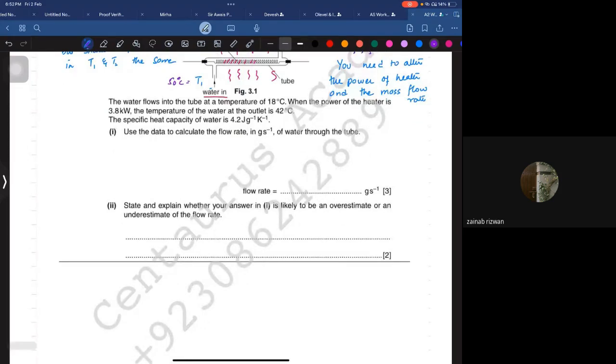What I'm saying is that you have energy supplied by the heater, right? This basically goes into energy supplied to water plus loss to the surroundings.